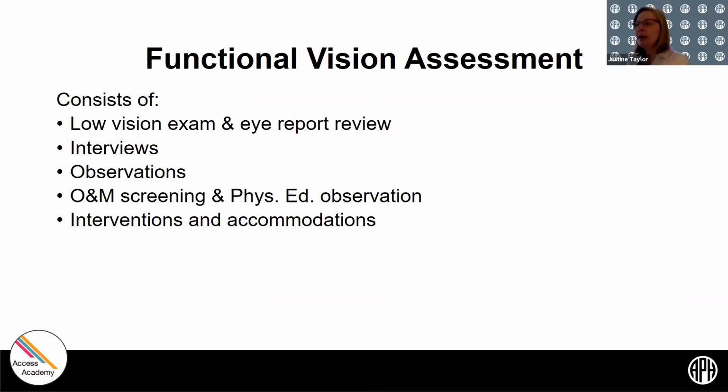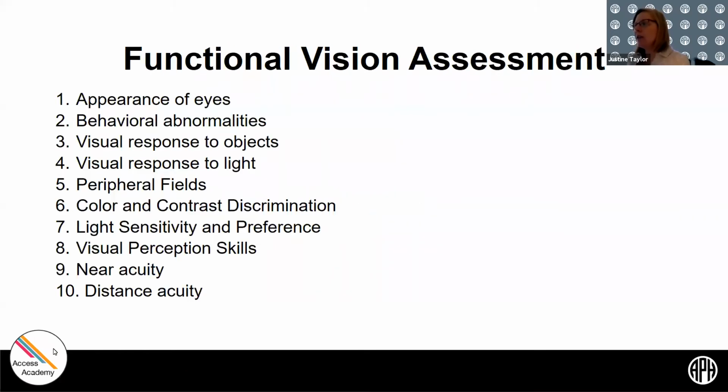And then we can move to the next slide, and you can see the specific components that you're going to evaluate and get more details. During a functional vision assessment, you're going to evaluate the appearance of their eyes, any behavioral abnormalities, visual response to objects, and their visual response to light.